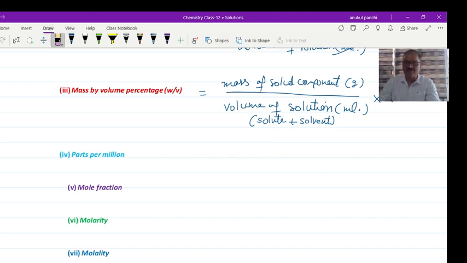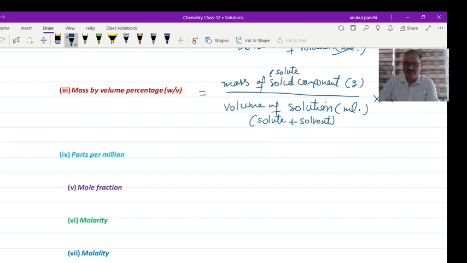Only in that case can you get its volume, and the solution will be liquid when the solid component is in a lesser amount. That means here the solid component will be the solute. Okay, it will be solute.